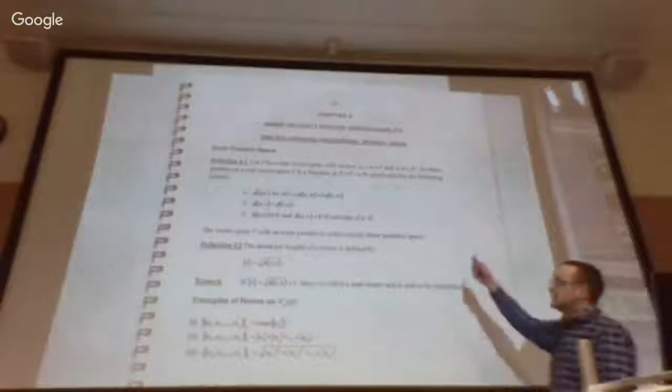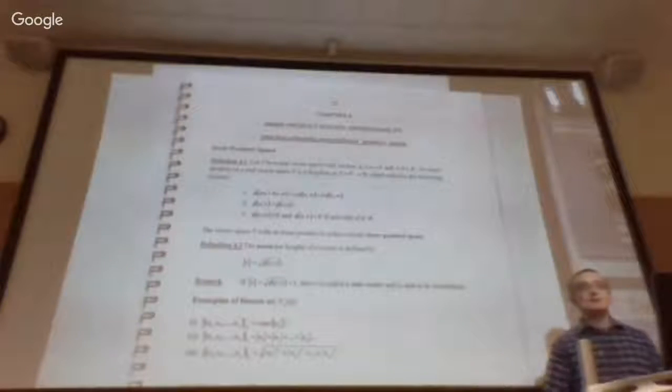More generally, it will take values in whatever the field is for the vector space, because you can have vector spaces where the scalars come from a field different to the real numbers. It could be the complex numbers or other more abstract fields.